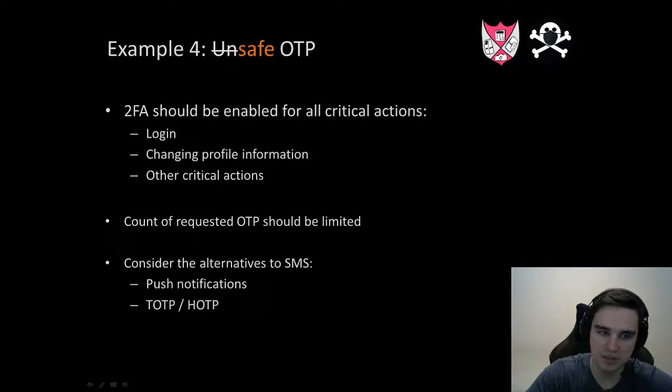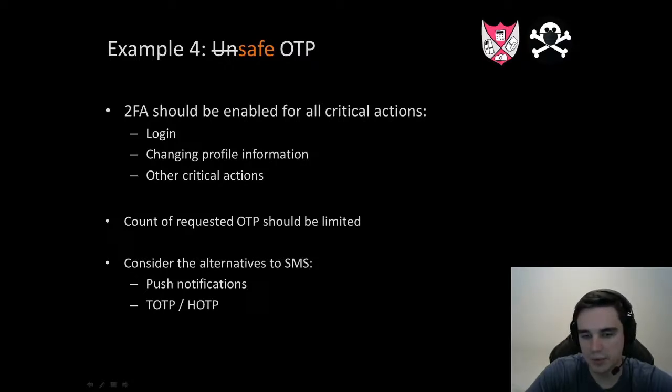For example, TOTP and HOTP have a very big problem. It is totally silent because it doesn't have delivery. So the client doesn't know that someone is trying to brute force their second factor.